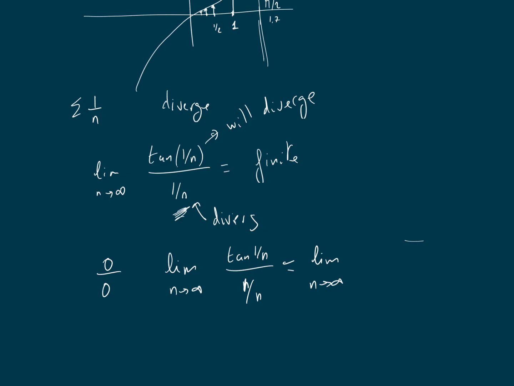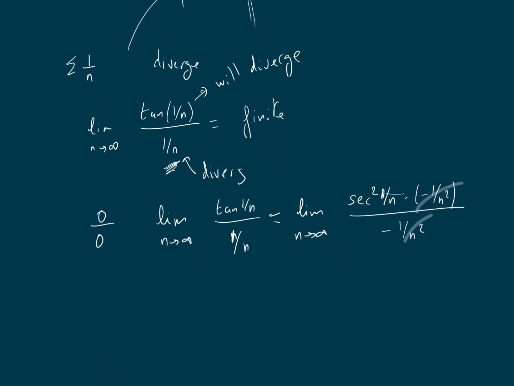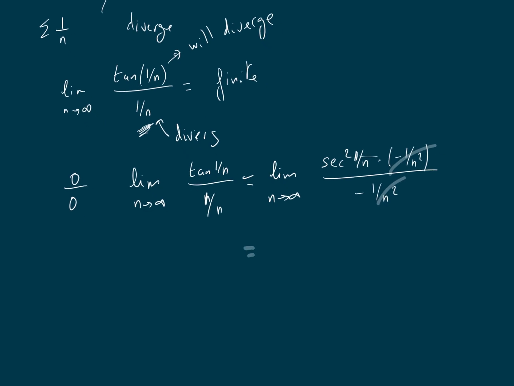The derivative of tangent of x is secant squared of x, so secant squared of 1 divided by n, times the derivative with respect to n of 1 divided by n, which is minus 1 divided by n squared, divided by the derivative of the denominator, which is minus 1 divided by n squared. So these two cancel.